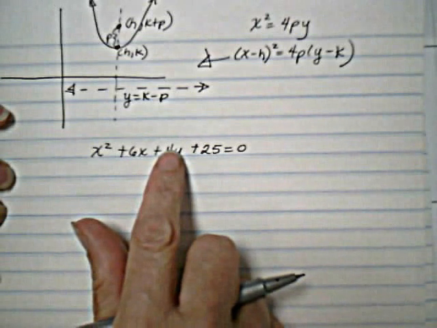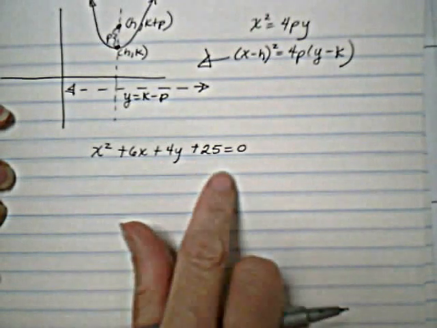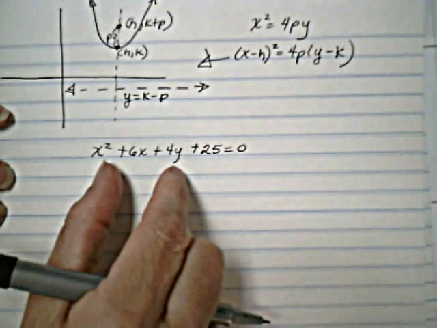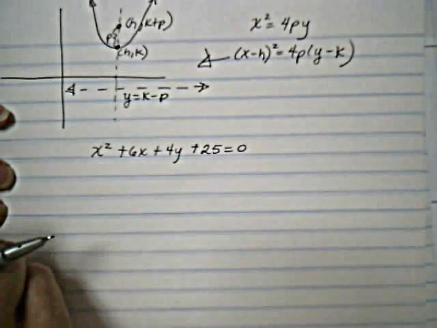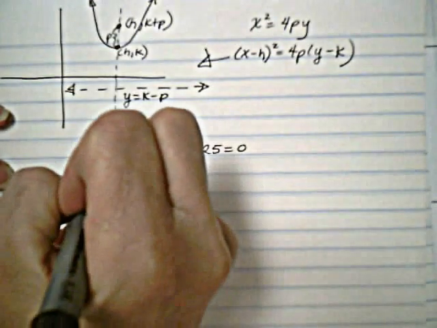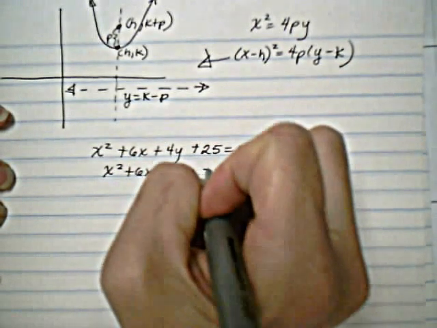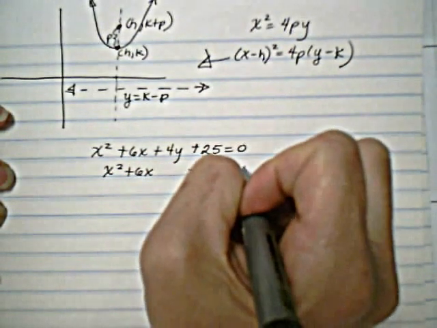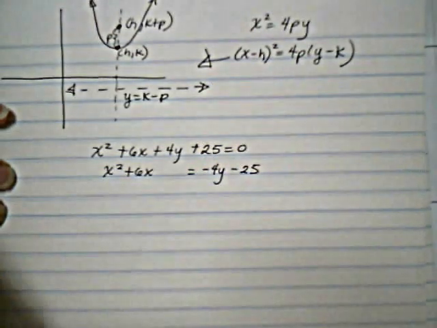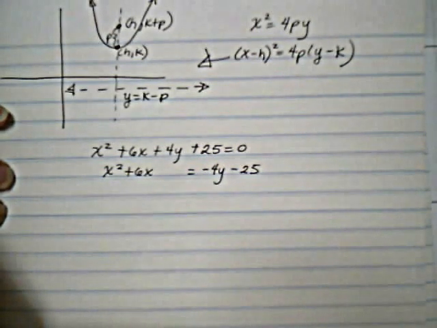So I'm going to move my 4y and my 25 away, because I'm going to force a perfect square on the left side of the equation. So this is going to be x squared plus 6x equals negative 4y minus 25. People always get scared when they hear perfect square trinomial, because they think, oh, completing the square, that's going to be horrible.